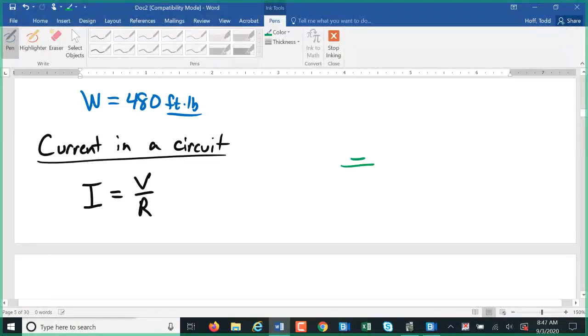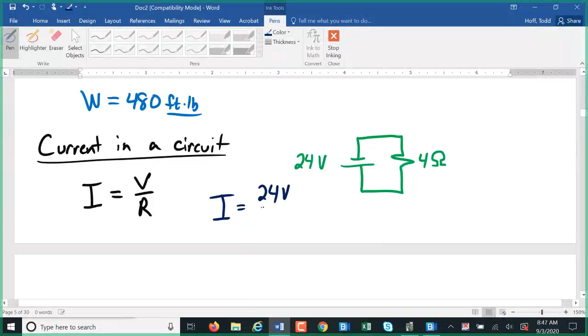So if I have a circuit that has a 4 ohm resistance, that's R equals 4, and a voltage here, 24 volts. Well, my current can be found by putting 24 in for the volts and 4 in for the ohms.